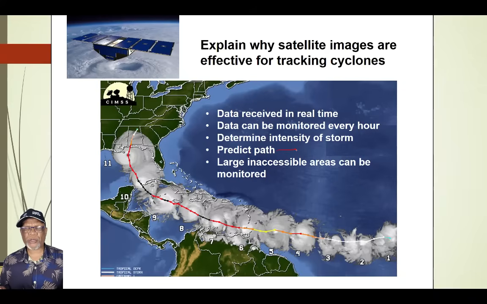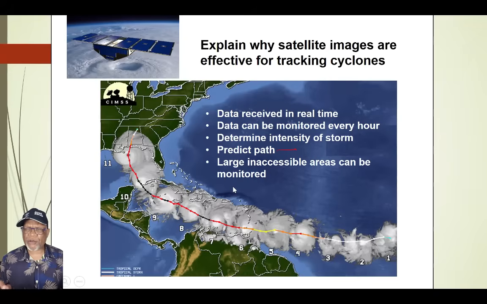It is also important because large inaccessible areas can be monitored, since some areas you cannot access with vehicles or with road or rail transportation. But satellites are higher in the atmosphere, so they can be used to monitor them.